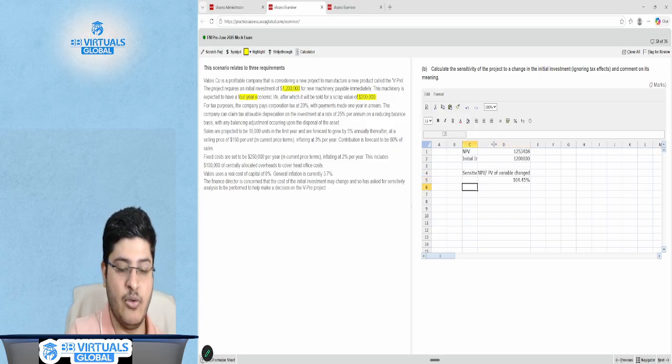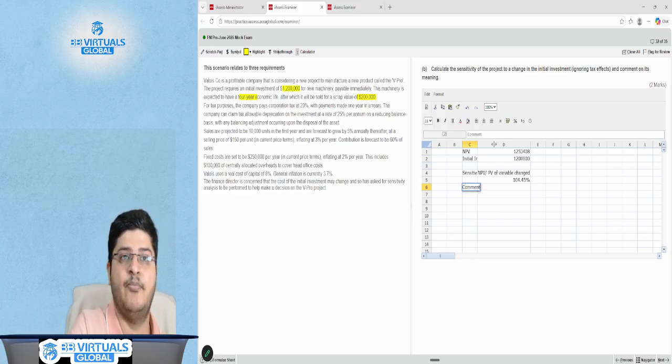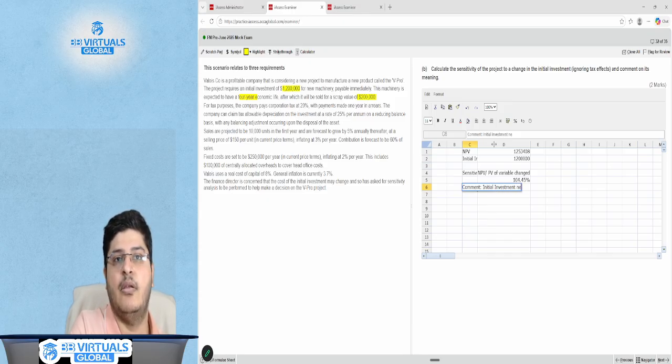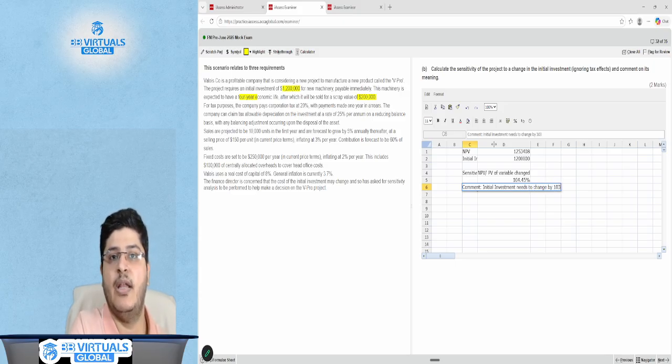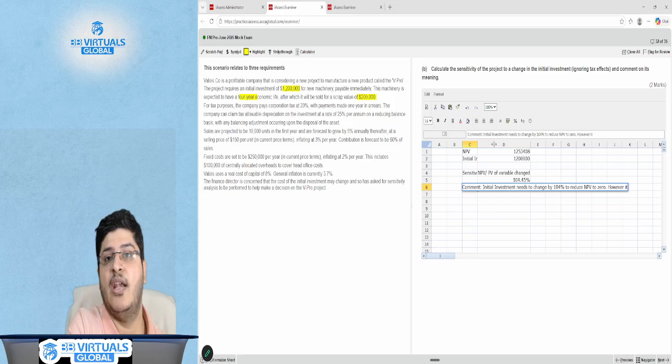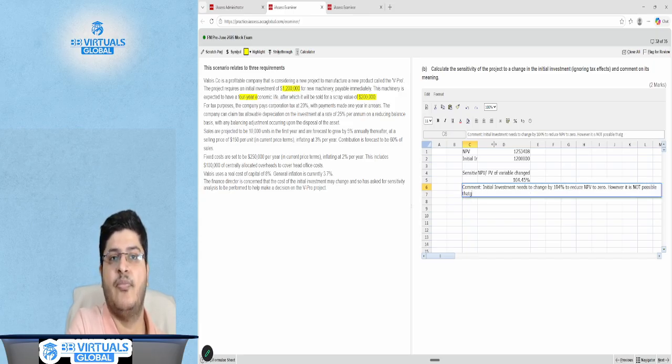What is the comment? We have to comment also. The comment is: initial investment needs to change by 104% to reduce NPV to 0. However, is it possible?